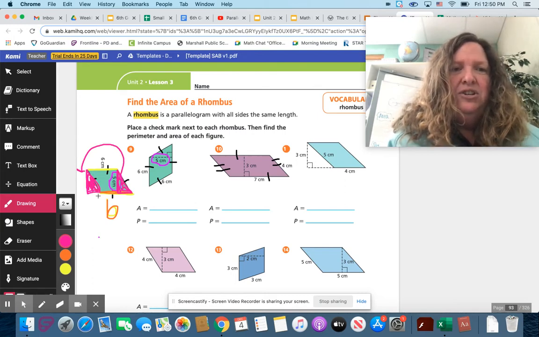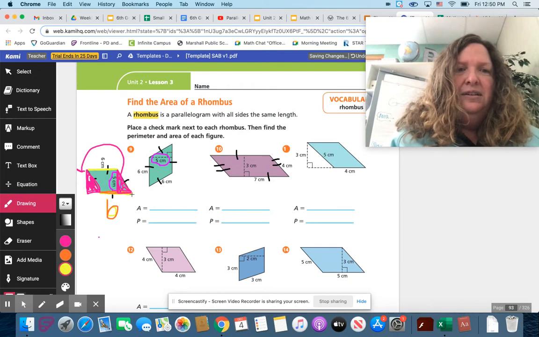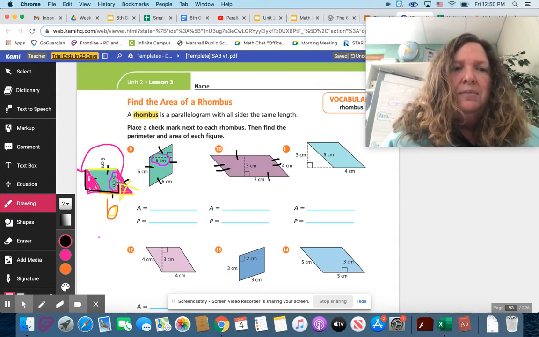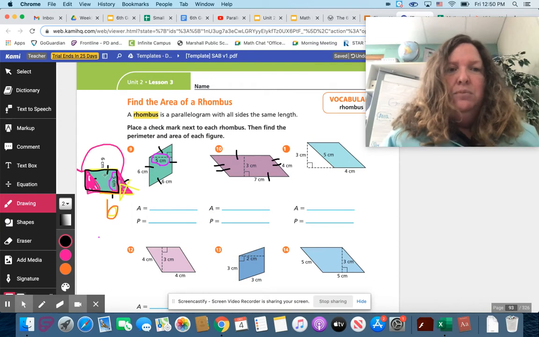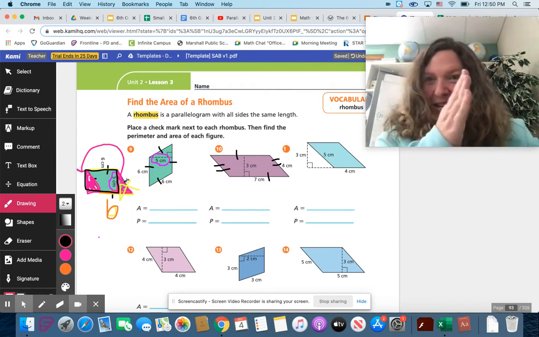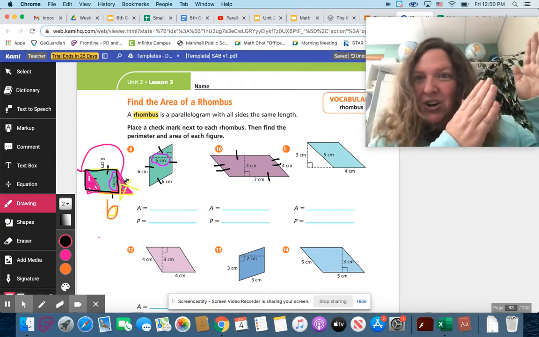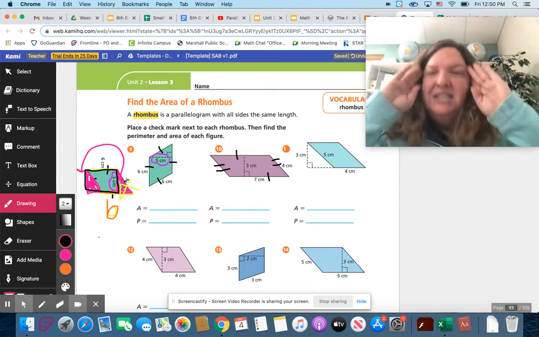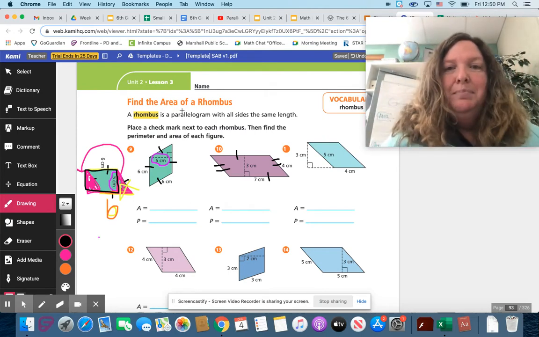And now we've changed it into a rectangle. Because we can do that with a parallelogram, we can cut one part off and slide it over onto the other side. We didn't change the size at all. We just moved one part to the other, and it stayed the same size. We can use base times height.